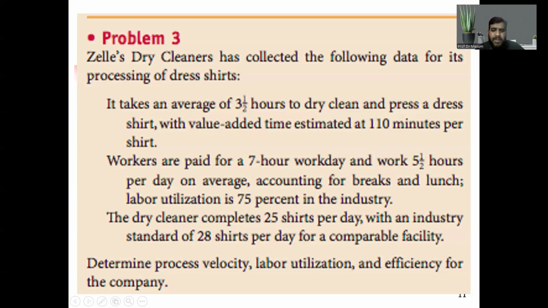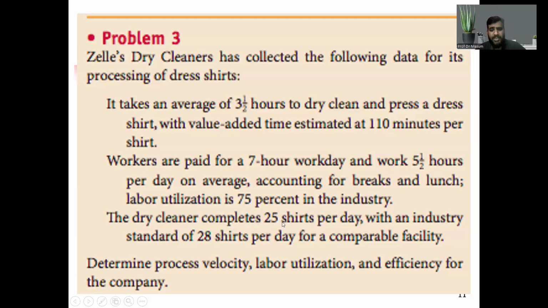But the industry average is 75%. So you can say that your labor utilization rate is better than your competitors. Labor utilization in other firms, that means in the industry, is 75%, and your labor utilization rate is 78.5 or 79%. So your labor utilization is better than other companies.